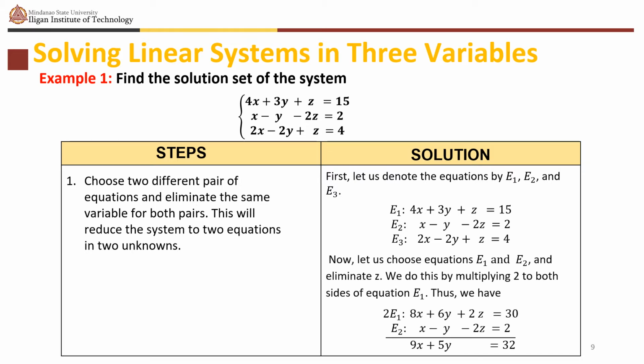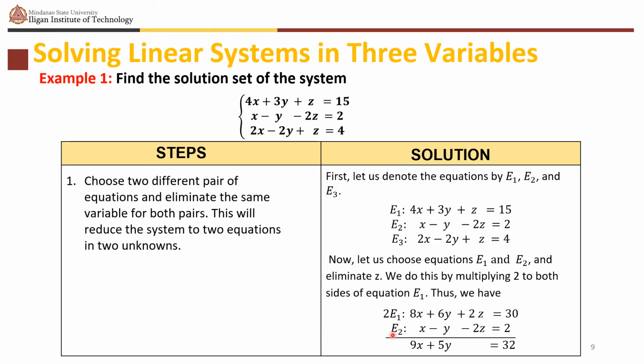Now let us choose equations E sub 1 and E sub 2 and eliminate z. We do this by multiplying both sides of equation E sub 1 by 2, so 2 times E sub 1: we have 4x plus 3y plus z is equal to 15, so it becomes 8x plus 6y plus 2z is equal to 30.